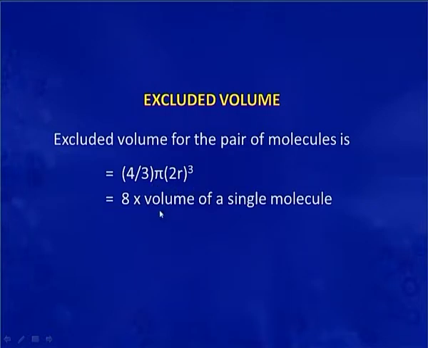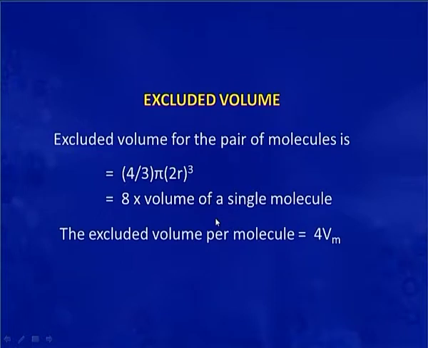Now, we can write it as 8 times the volume of a single molecule, but we have to calculate the excluded volume per molecule. So, the excluded volume per molecule here is 4 Vm, that is, 4 times the actual volume of the gas.